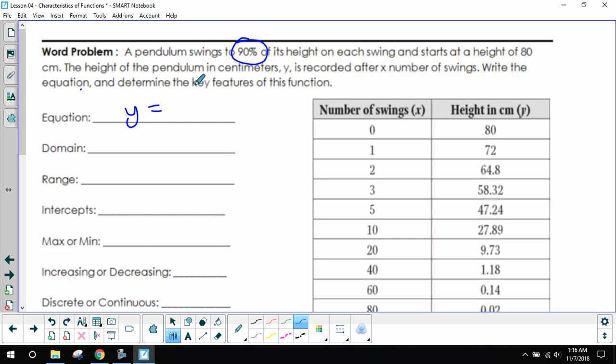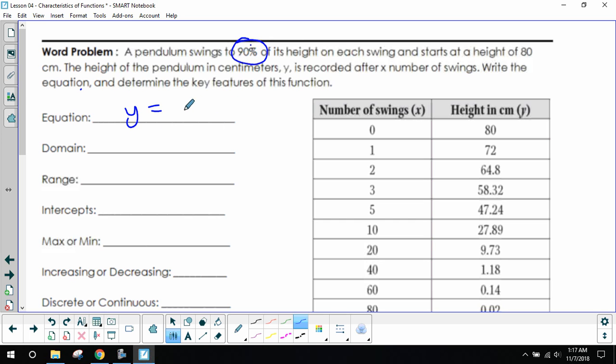But they pretty much already giving you what that rate is going to be. If it's swinging 90% of its swing, then it's like you're depreciating it or decreasing it by 10%. Because then you go 1 minus the 10 cents, remember, to get that 90 cents of that swing. So in hindsight, start off with 80.